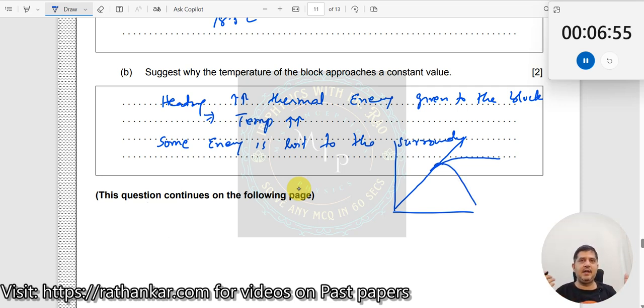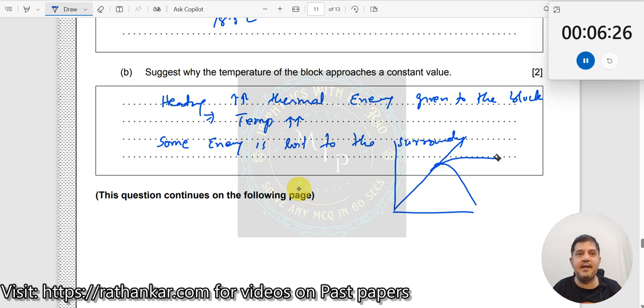See, let us say a friend of yours gives you 10 chocolates in hand. Now another friend takes 2 chocolates. So if he takes 2 chocolates, you will have only 8 chocolates. Now once again, if 2 chocolates are being given, the rate at which 2 chocolates are coming to your hand and the rate at which these 2 chocolates are moving away from you are constant, that means the amount of chocolates in your hand will always be 10, right?